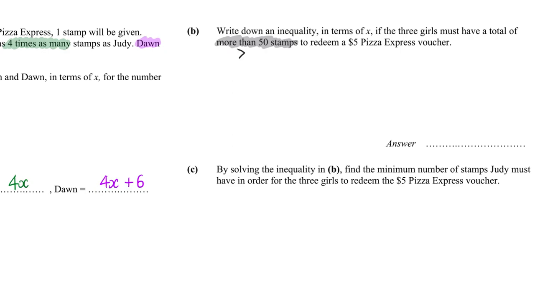So, x for Judy, Frank has 4x, Dawn has 4x plus 6, and in order to redeem the $5 voucher, it must be more than 50.